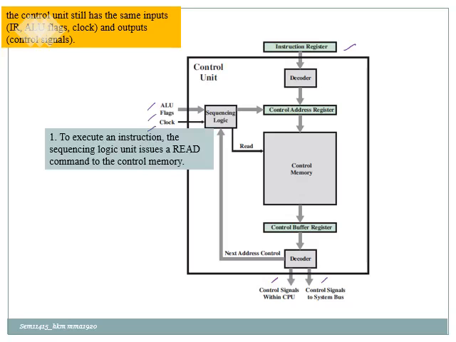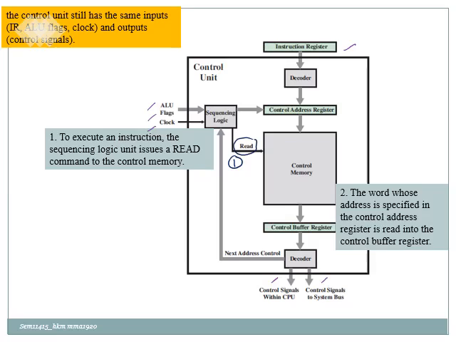The first step, to execute an instruction, the sequencing logic unit issues a read command to the control memory. So this is step 1. Then the word whose address is specified in the control address register is read into the control buffer register. So this is step 2.